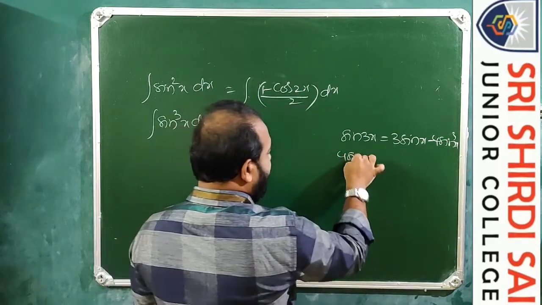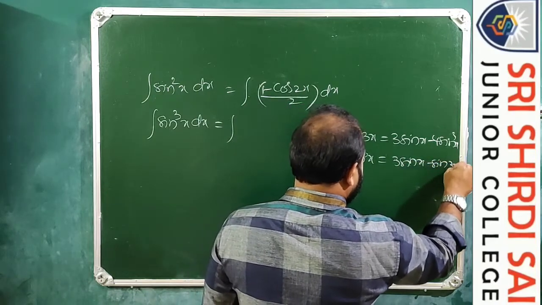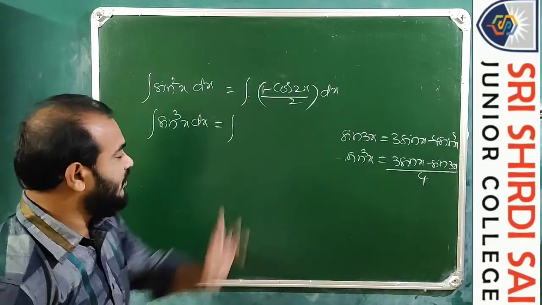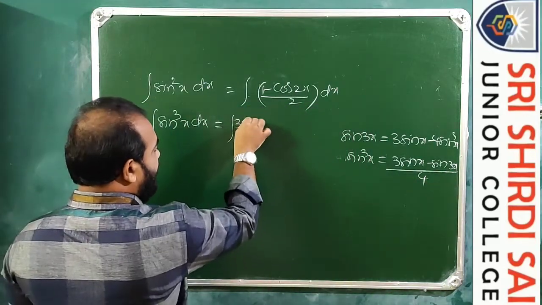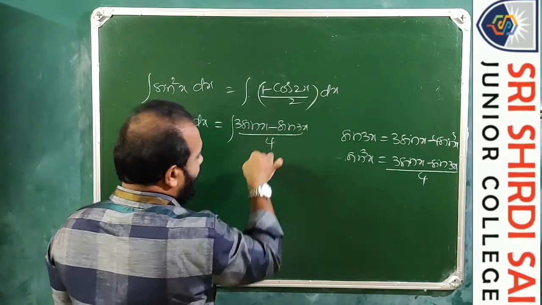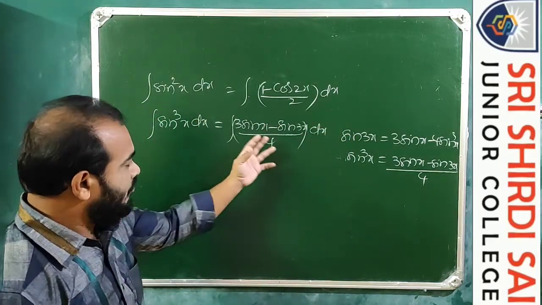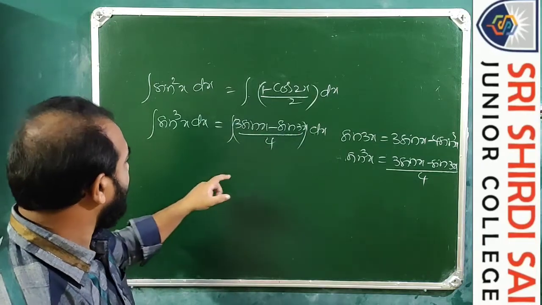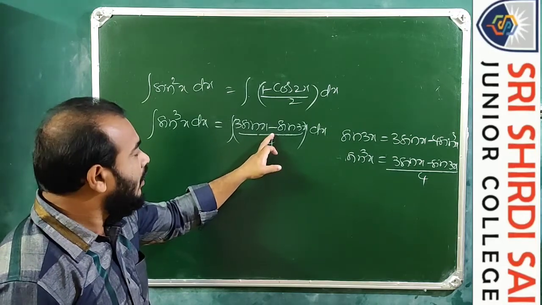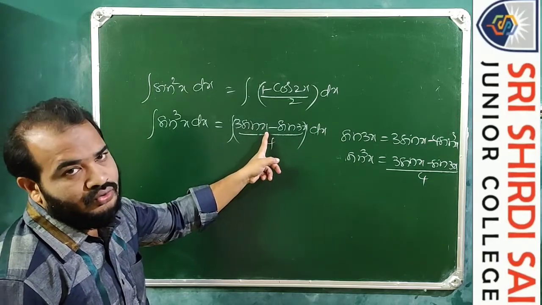So from this, 4 sin^3 x equals 3 sin x minus sin 3x, so sin^3 x equals (3 sin x minus sin 3x)/4. Replacing it here, from this onwards we know how to evaluate, because sin of a linear function like sin 2x, 3 sin 100x, we know how to do that.